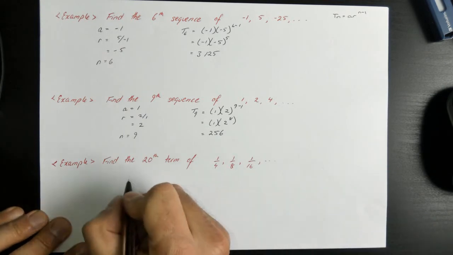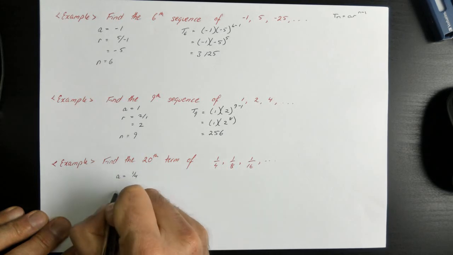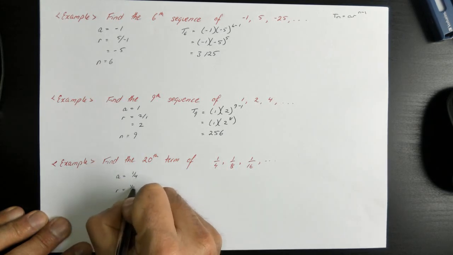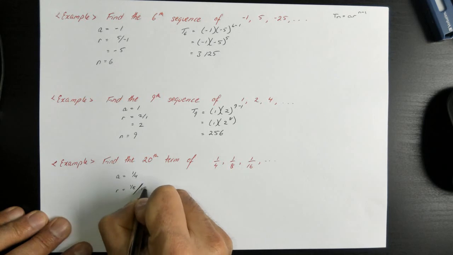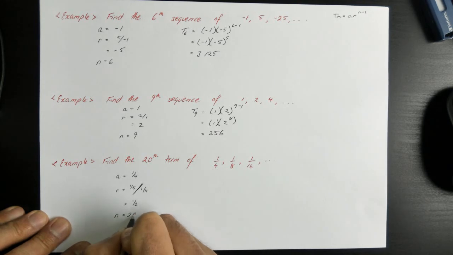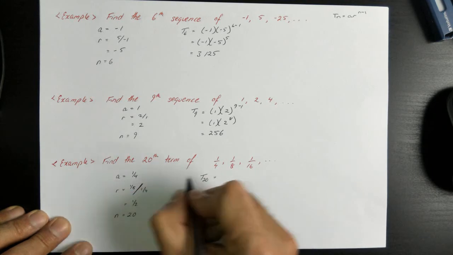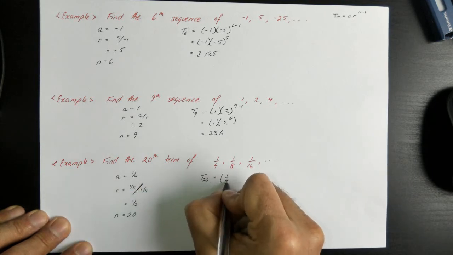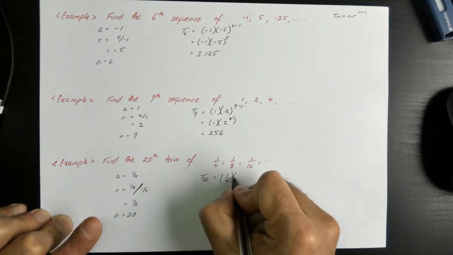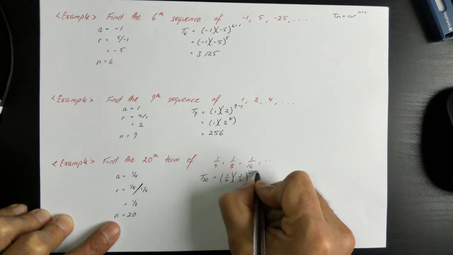Okay. So in this situation, A would be a quarter. The ratio is 1/8 divided by a quarter, which is a half, and n equals 20. So T20 is A, which is a quarter, multiplied by R to the power of n minus 1.